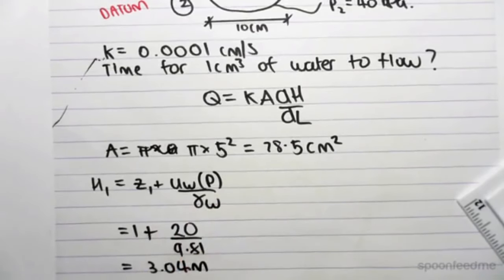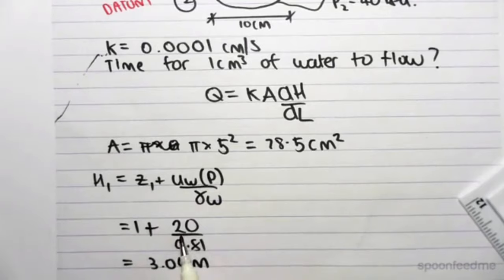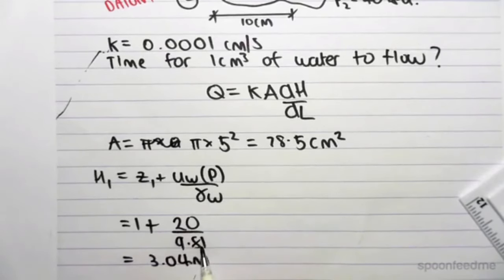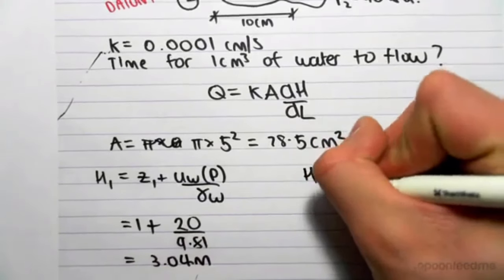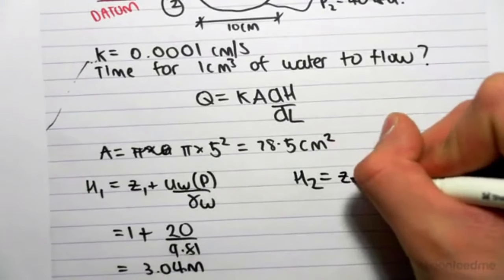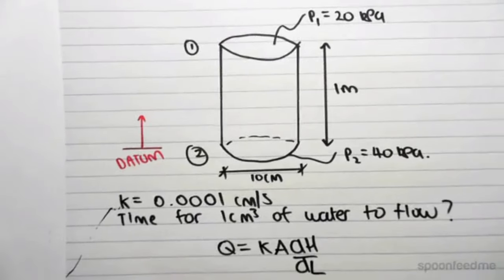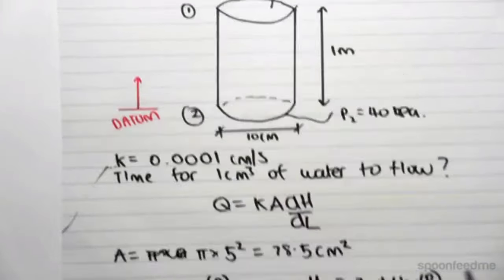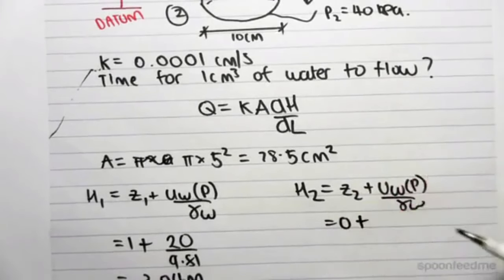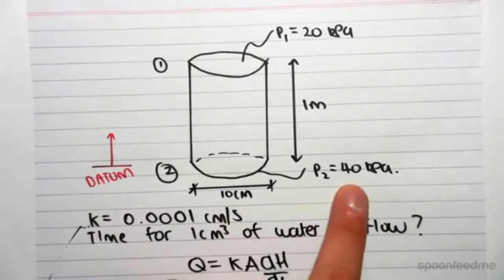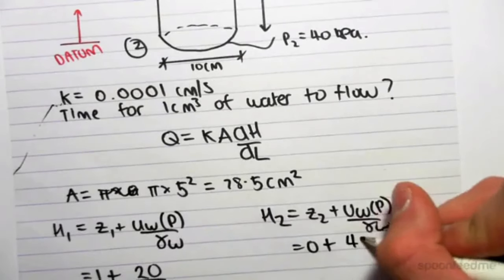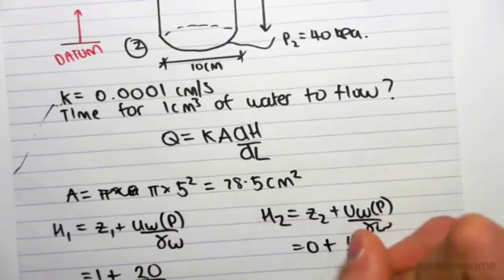So 20 divided by 9.81 plus 1 is 3.04 meters. Once again, I'm being consistent with my units. 20 kPa is the same as a kilonewton per meter squared, and this is in kilonewtons per meter cubed. When we do this, we're going to get back to meters. The head at 2 equals Z2 plus the pore water pressure on gamma W. So at our point 2, we have 0 elevation, so it equals 0 plus the pressure at 2, which is 40 kilopascals, so it's going to be 40 on 9.81.